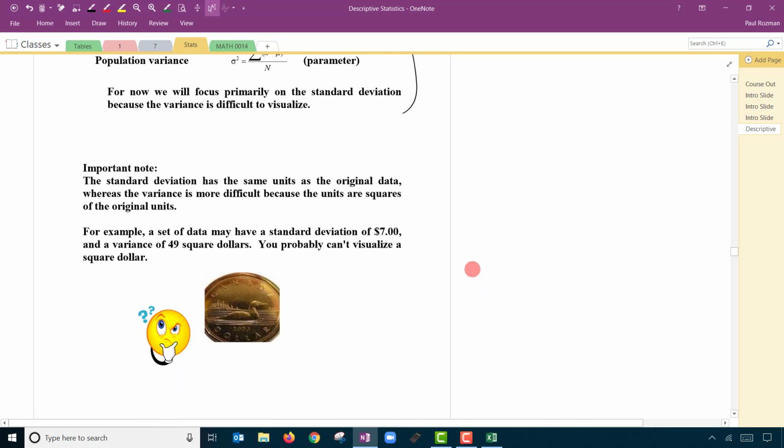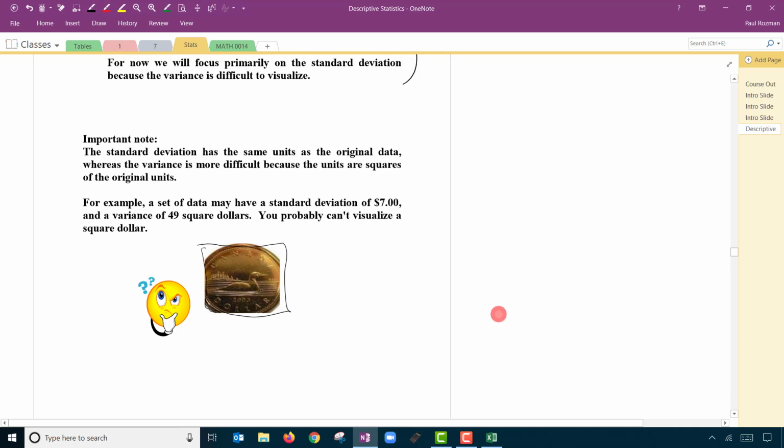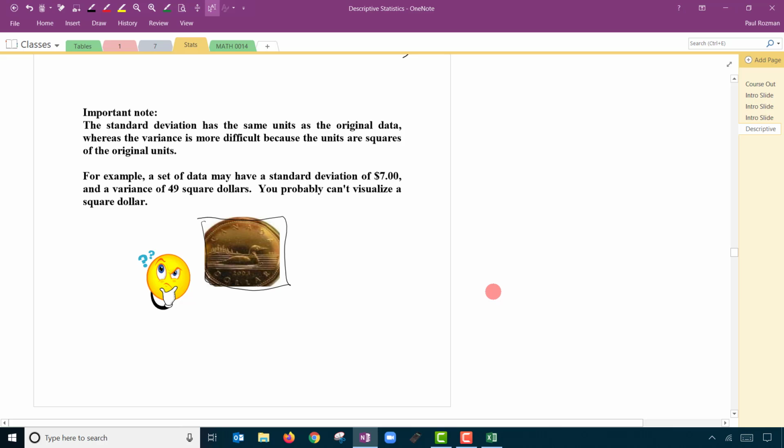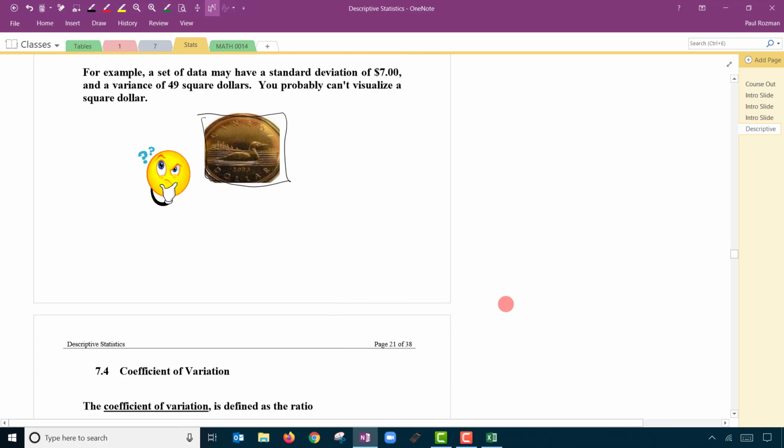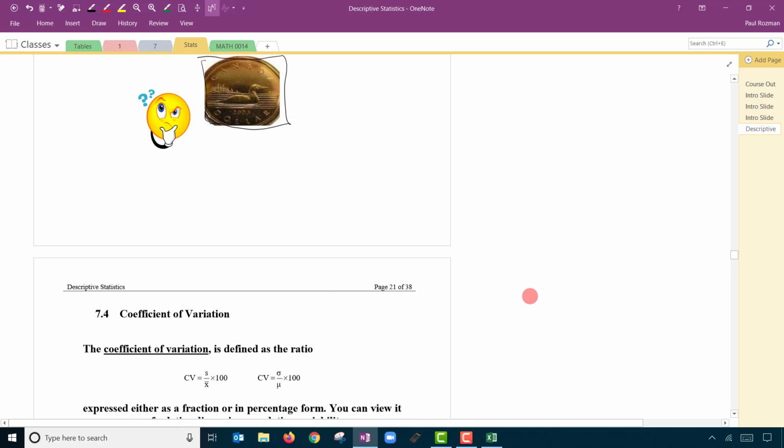If you have data that's money and you get a standard deviation of $7, the variance is then 49 square dollars. It's just all the more reason not to talk about variance that much in this course, because this course is very applied, not so theoretical.